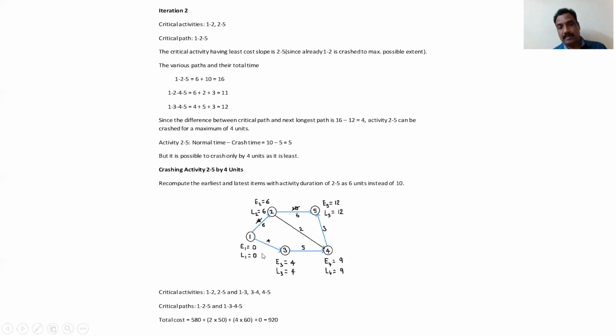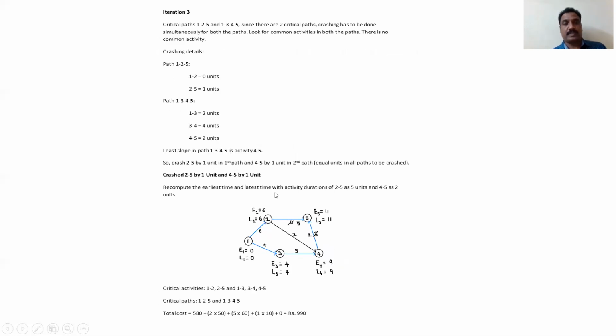Another critical path we got, because these are 0, 4, 4, 9, 9, 12, 12 and so on. Whenever you get two critical paths, we have to reduce simultaneously. So there are two critical paths from 1 to 5, and crashing has to be done simultaneously for both paths.